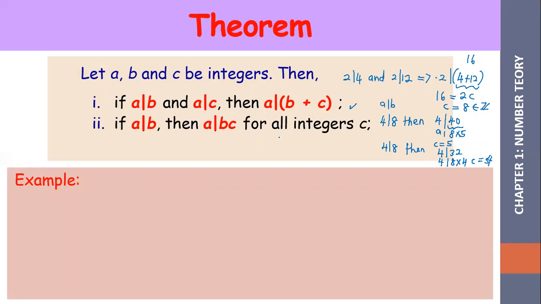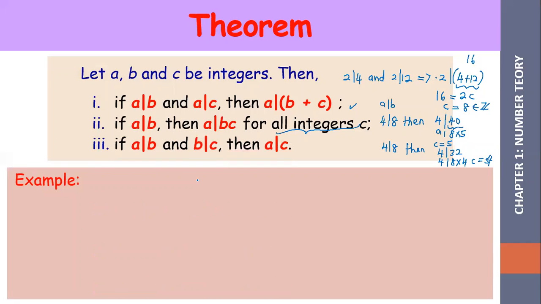C for all integers, asalkan dia adalah integers lah. As long as C is an integer. If C is 8, yeah, for sure, 8 times 8, 64 divided by 4, so it is 16, right?